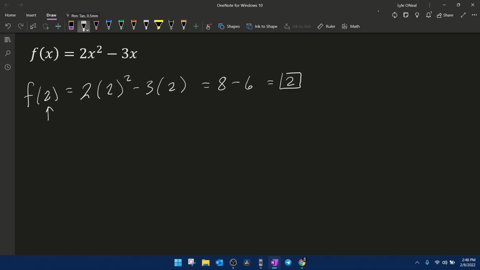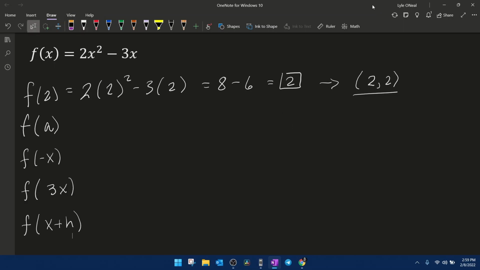Remember that this number is x, this number is f of x, which we said is y. And so what we really have found is an ordered pair. If x is 2, y is 2. And if we do this enough times and generate enough ordered pairs, we can plot the points and get an accurate graph of this function.